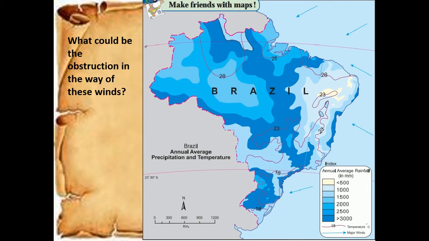What could be the obstruction in the way of these winds? Now if you see, you have the great escarpments over here, and you have the Brazilian highlands in the area.